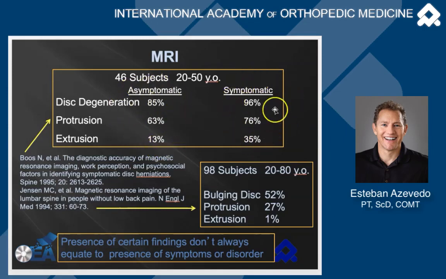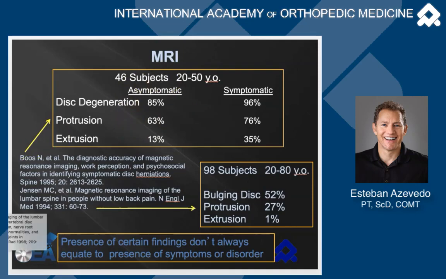In the symptomatic group, 96% had disc degeneration, 76% had a protrusion at one or more levels, and 35% had a disc extrusion. So these things, the protrusions, prolapse, and extrusions, can all occur in people even without pain.